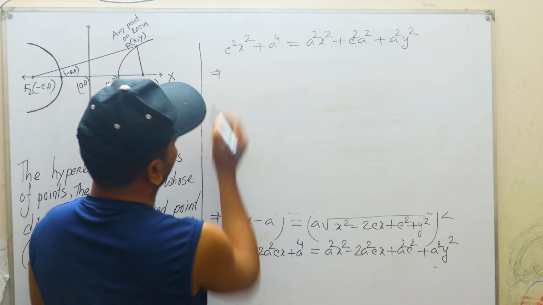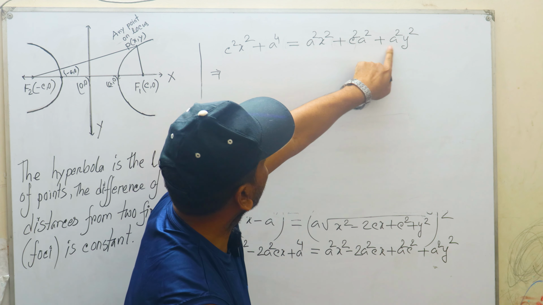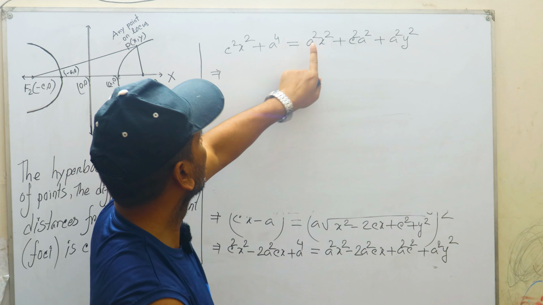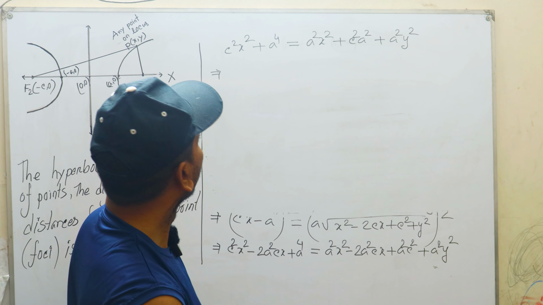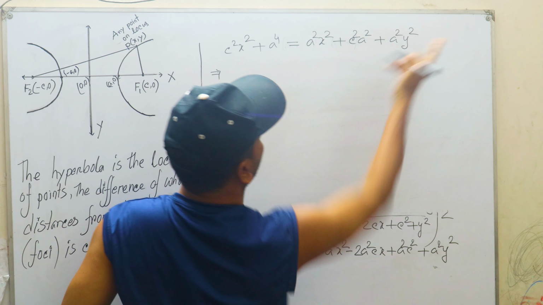Now I'm going to move a square y square to the left side, also a square x square to the left side, and a power 4 to the right side.